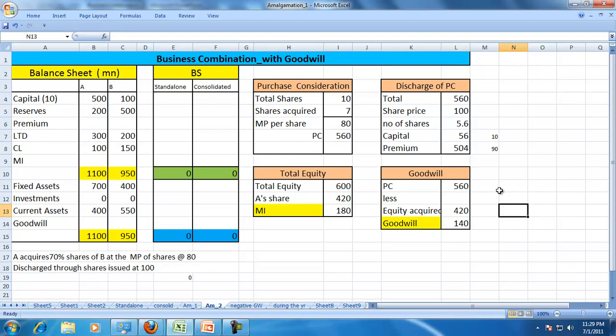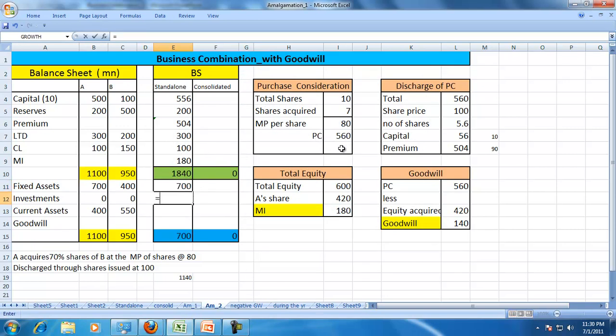So we have all the information required to prepare the standalone and consolidated balance sheets. The standalone balance sheet of A will have the capital 500 plus the capital issued, reserves with no change, and a share premium of 504, no change in the long-term debts, no change in the current liabilities, but there will be a minority interest of 180. The fixed assets will be 700.